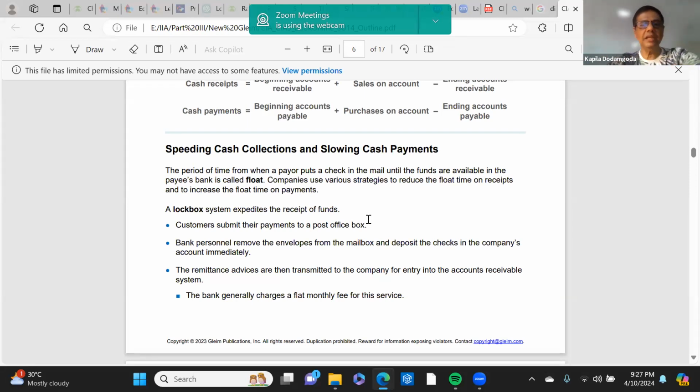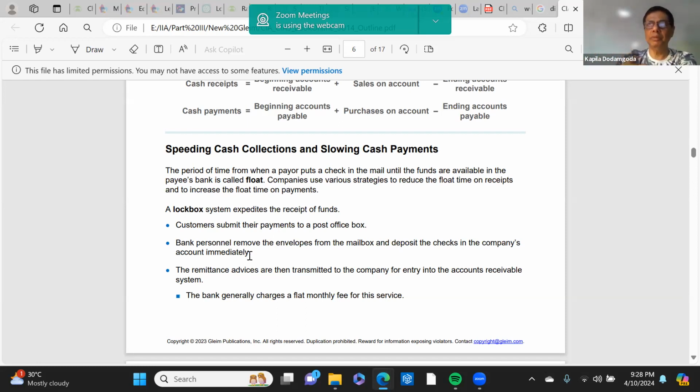So the lockbox system: what it means is customers submit their payment to a post office box. Say there's a PO box where customers deposit their payment, putting their check inside. Then the bank's employee will remove the envelope from that post box and deposit the check in the company's account immediately.